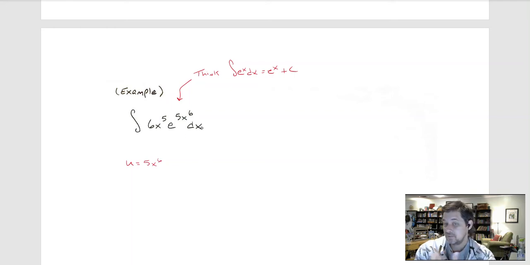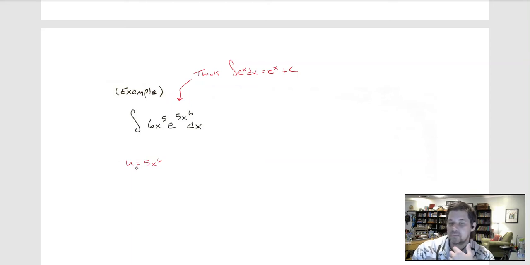Now the rest of it's got to fall into place too, because I substitute the x for u, but I got to substitute the dx for du. Like the x has to completely be substituted away. I've got to remove or eliminate the x entirely by substitution in terms of u.